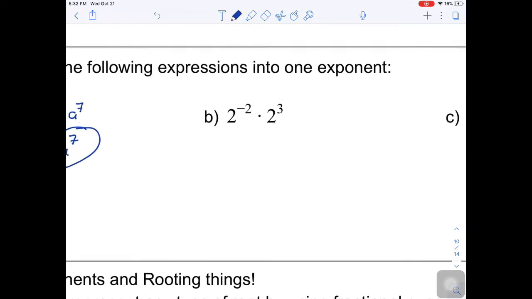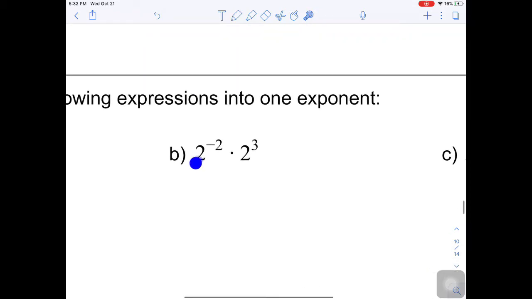Okay, let's move on to b here. For b, you can see that they both have a base of 2. So what we can actually do with their exponents is we can add these exponents. So this will be 2 to the power of negative 2 plus 3. See how I've made those both into one exponent? Negative 2 plus 3 gives me positive 1. So this is 2 to the power of 1. So this simply equals 2.